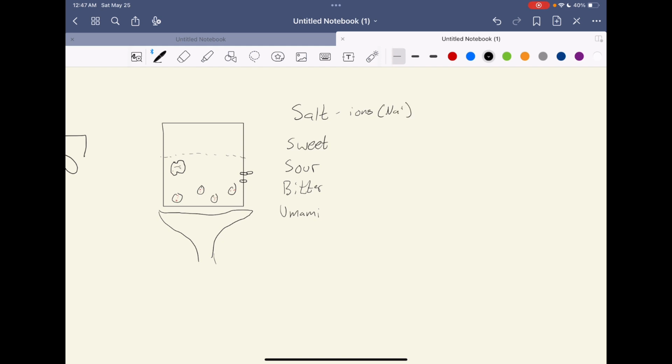Specifically for this, we'll talk about the sodium ions. We taste sweet things through carbs. Sour things come from acids, so protons or hydrogen. And then bitter are quinones. And then umami is through glutamate, the neurotransmitter.